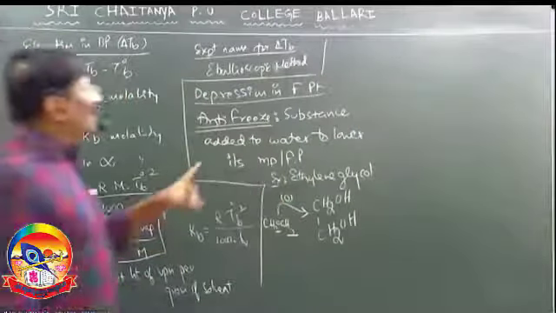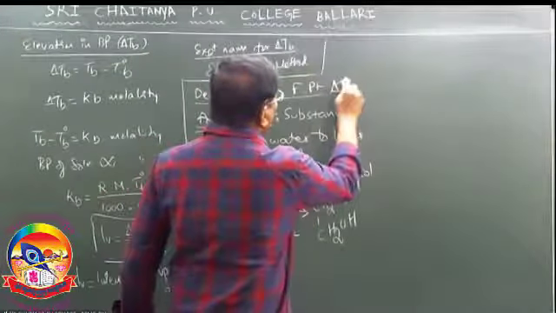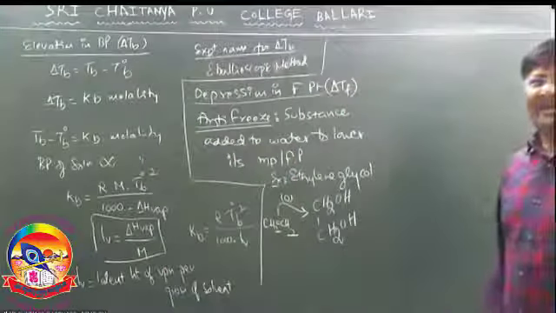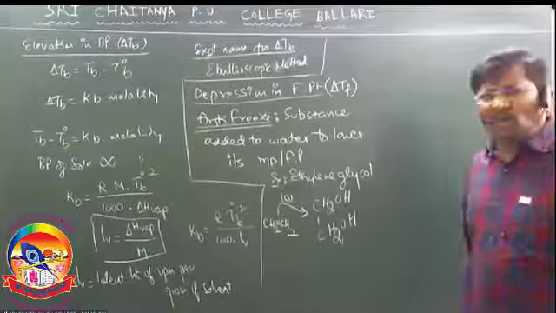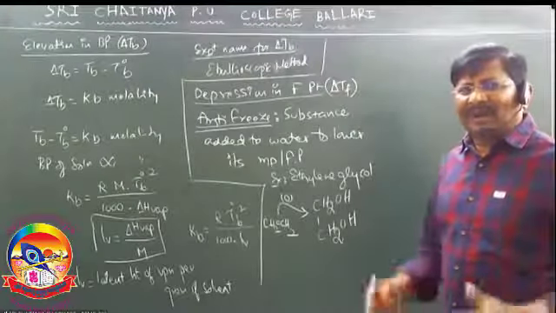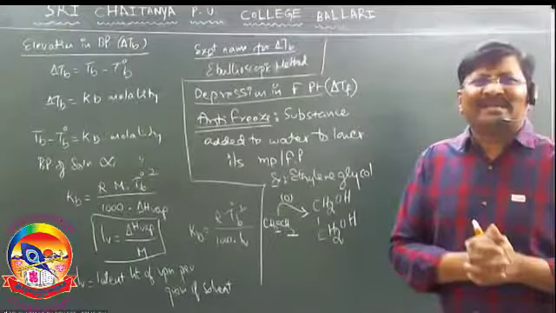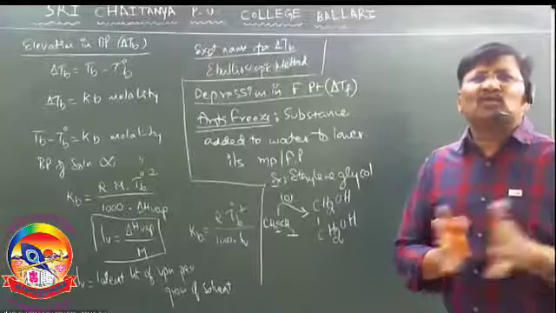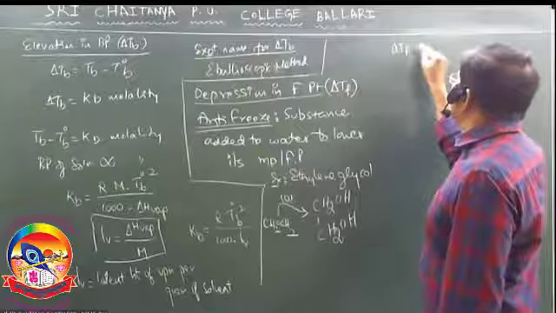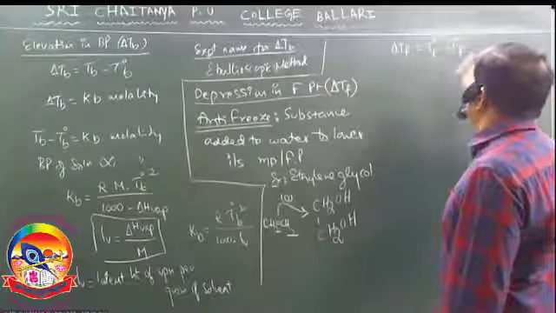See the depression in freezing point, delta TF. The delta TF is the difference between the freezing points of solvent and solution. So delta TF is equal to T0F minus TF.